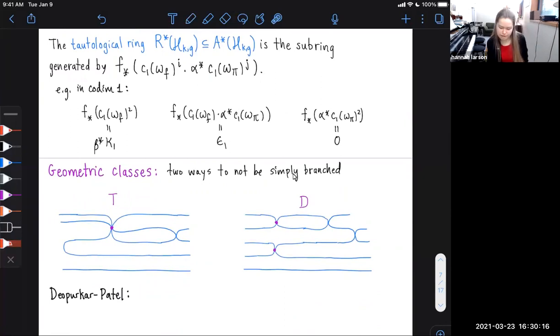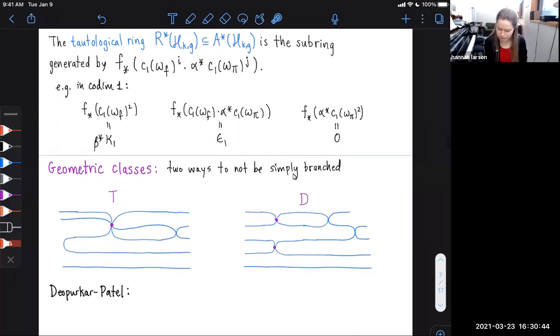So on the left, I have a picture of a curve with a point of triple ramification. So the closure of that is a divisor in the Hurwitz space, and I'll call that T. And on the right, the other thing that can happen is that two points of ramification can come together to live in the same fiber. And the closure of that locus is also a divisor in the Hurwitz space.